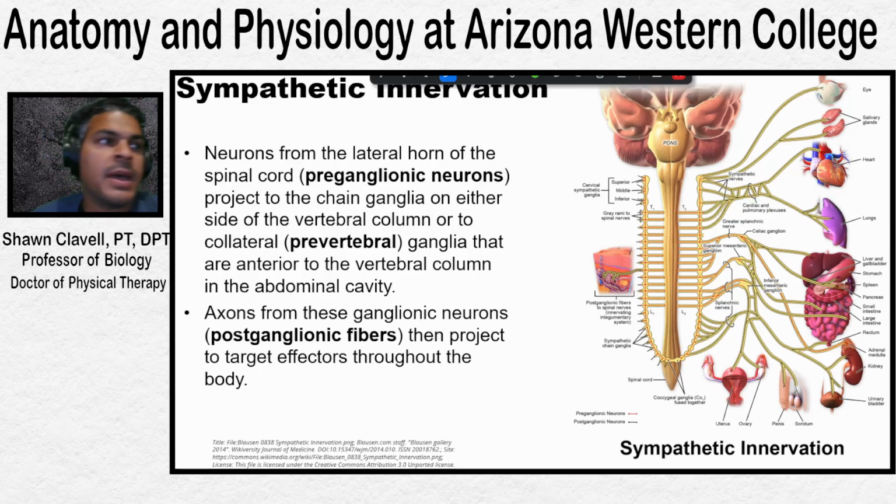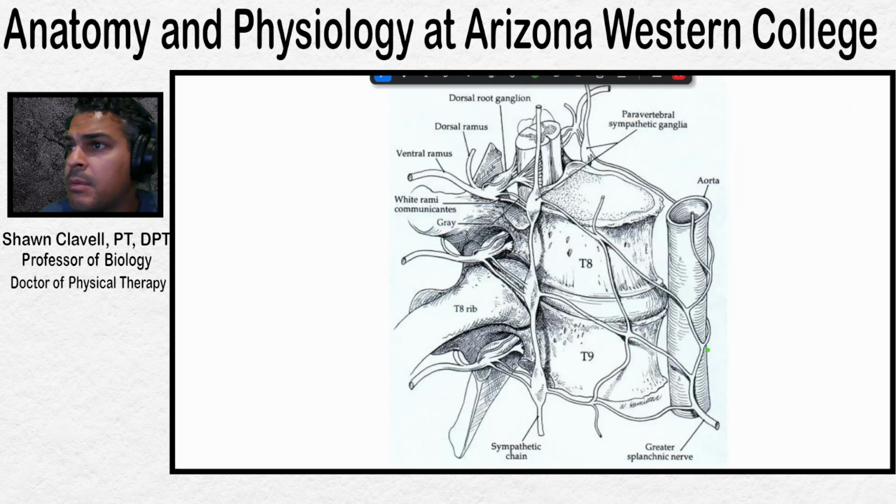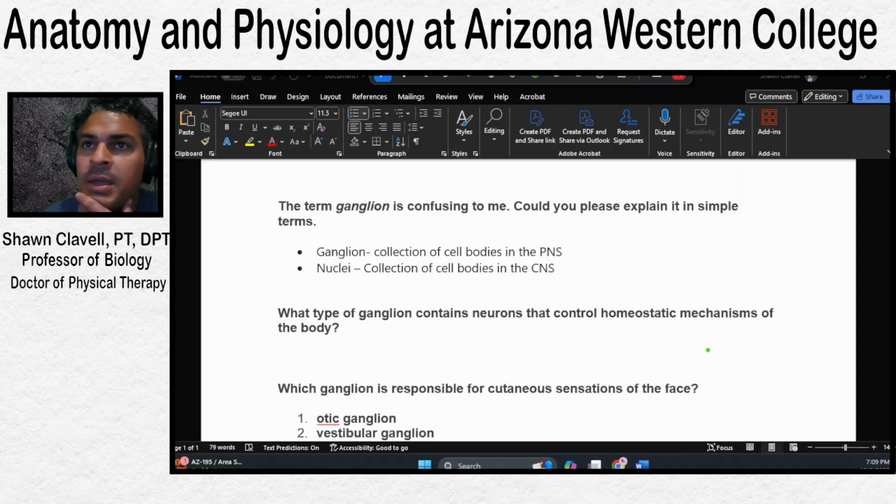So after all that, to say the term ganglion, right? Ganglia are structures in the peripheral nervous system. There's the dorsal root ganglion. There is the parasympathetic ganglion.